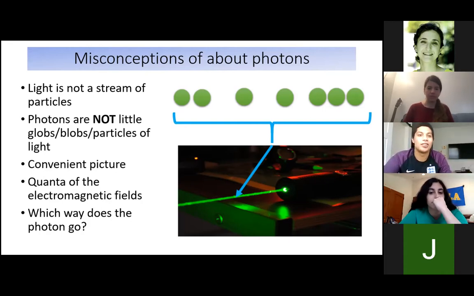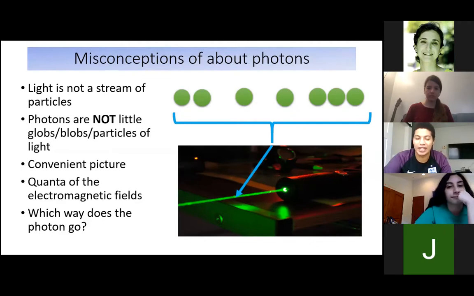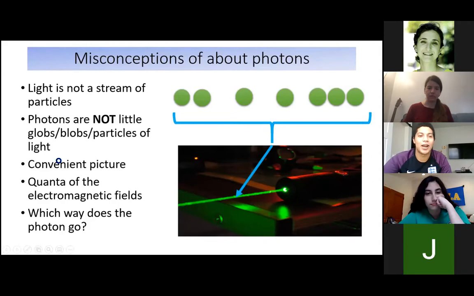I think they're trying to make it a little more mysterious than it really is, really getting bogged down in this definition of it behaving like a particle and imagining that photons are these little blobs or globs of light.